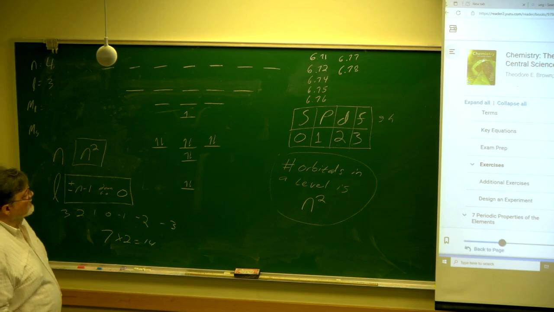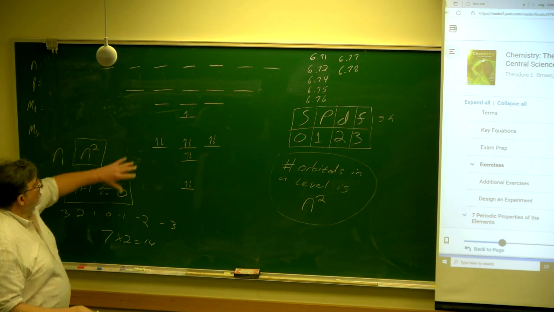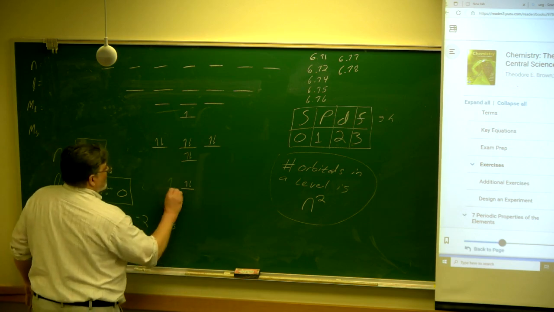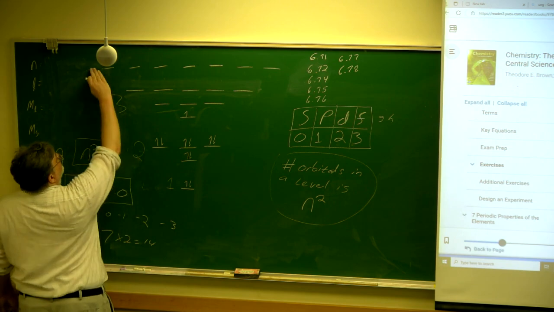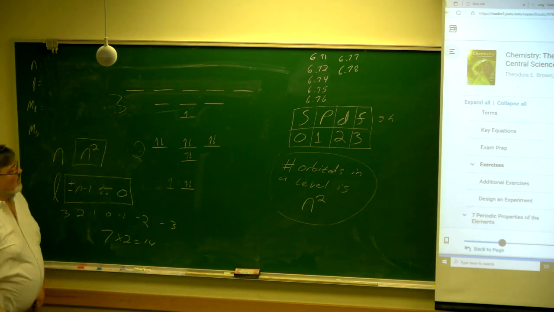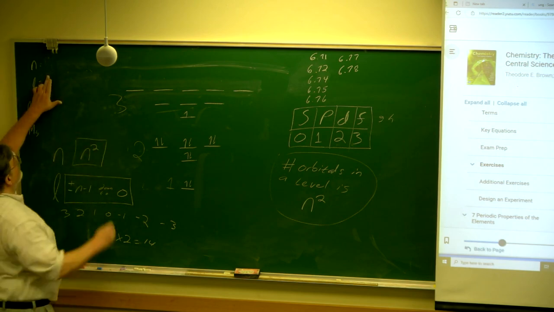Valence electrons are the electrons in the highest number n. So for sodium, you've got the number 1 level, you got the number 2 level, you got your number 3 level. So the highest n we have here is 3.